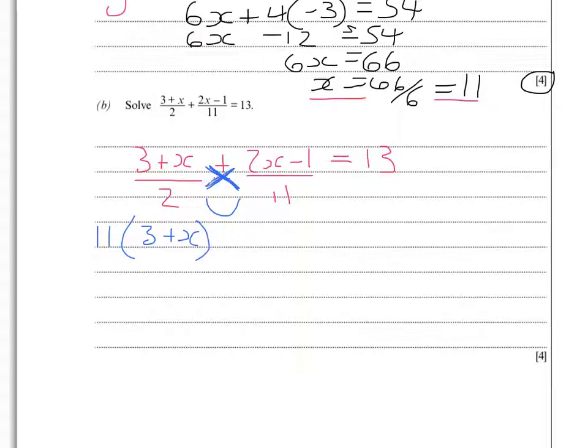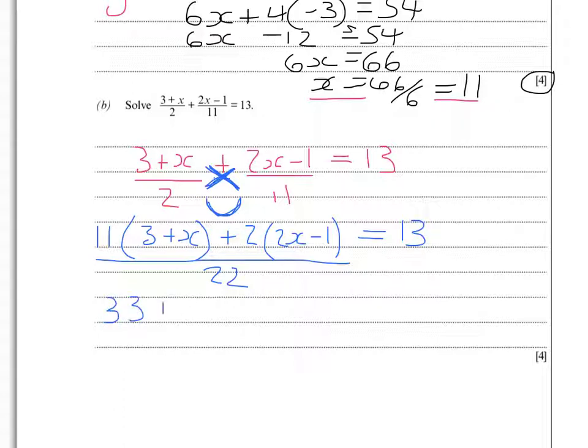Then I'm going to do this one, so plus 2 times (2x minus 1), over, so the last one, 2 times 11, 22, and that equals 13. So then multiplying the top, 11 times 3 is 33, 11 times x is 11x, 2 times 2x is 4x, and 2 times a minus 1 is minus 2.